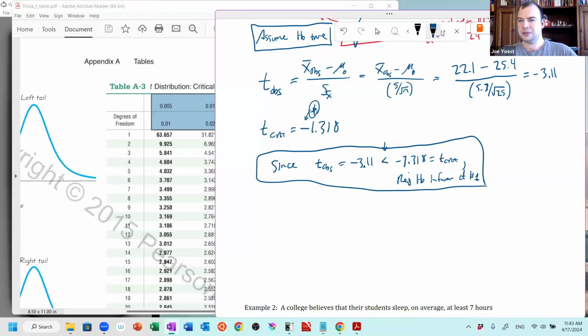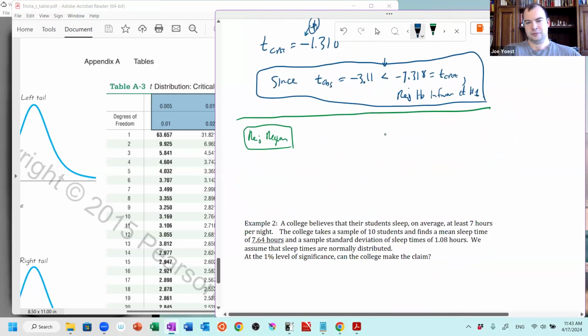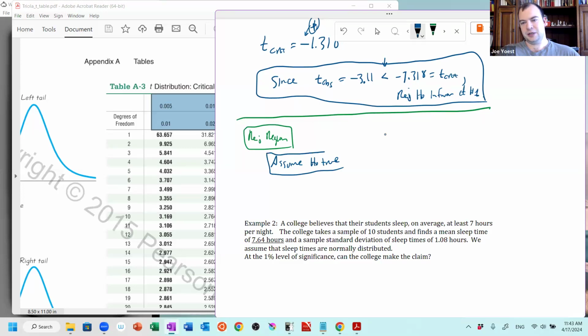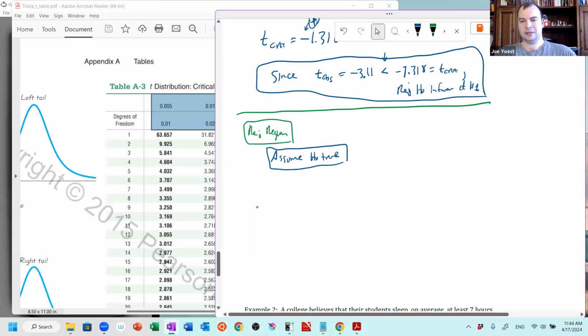Okay, let's also do a rejection region. So assume H naught is true. Then what do I know? I know that I have a one tail test, a left tail test.